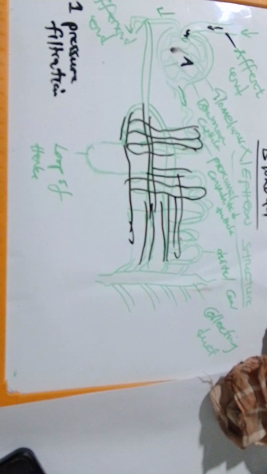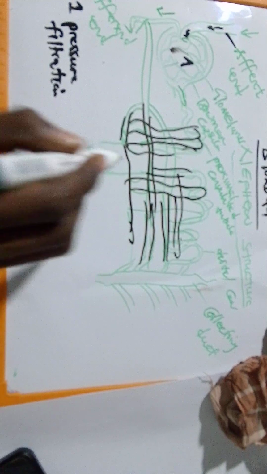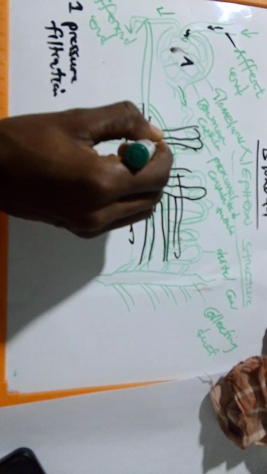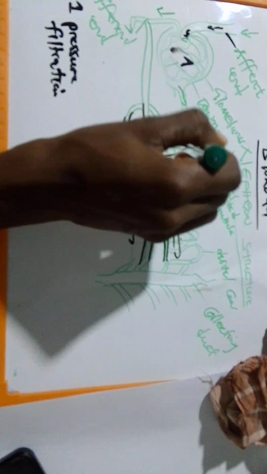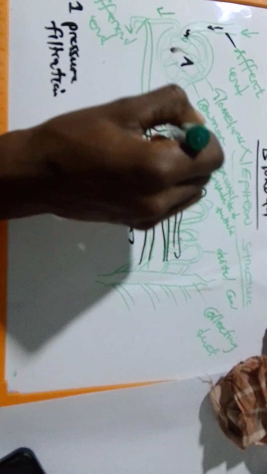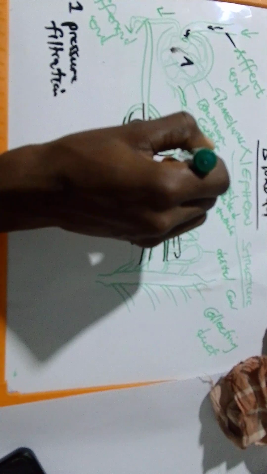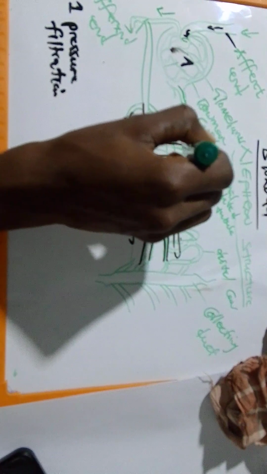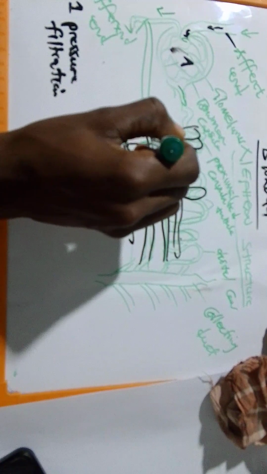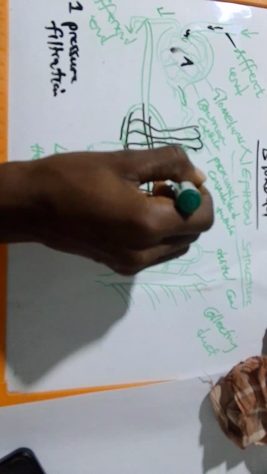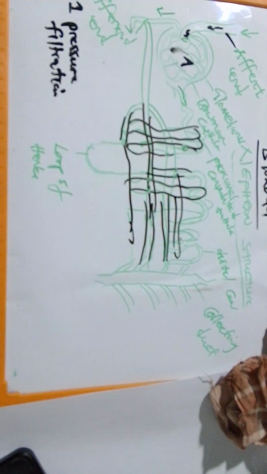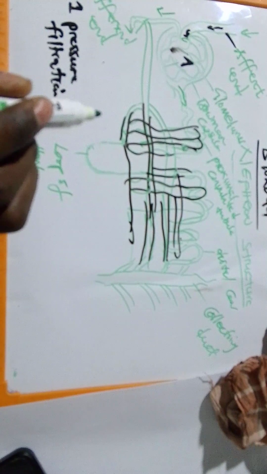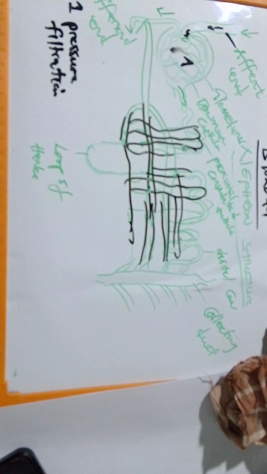Okay. So now, a point where this tube in green color and this one in black color are meeting, like here, here or here, in all these parts where they are meeting, that is where selective reabsorption takes place.